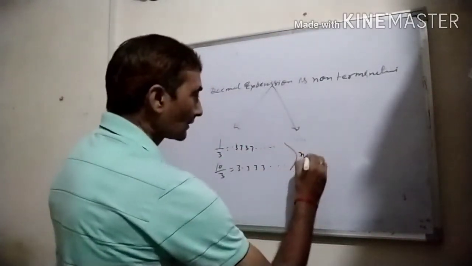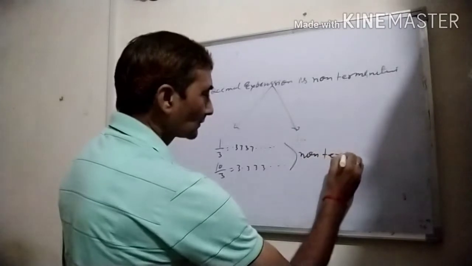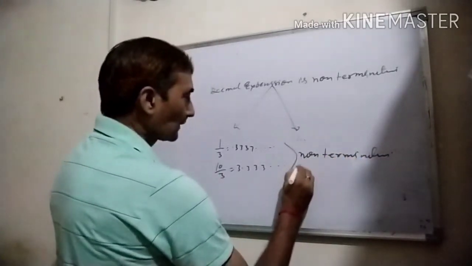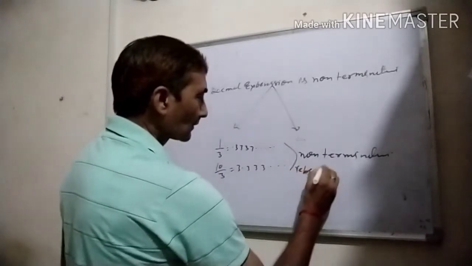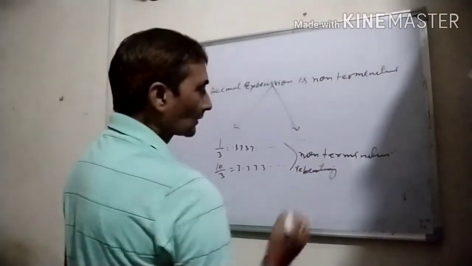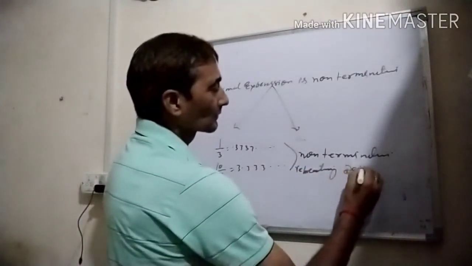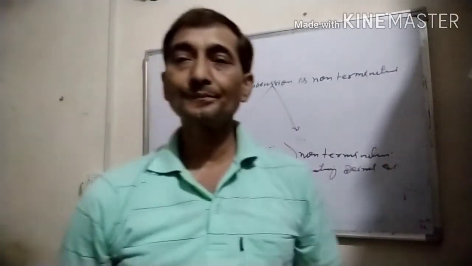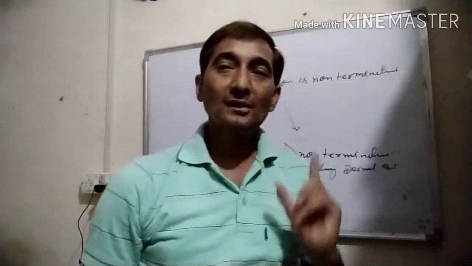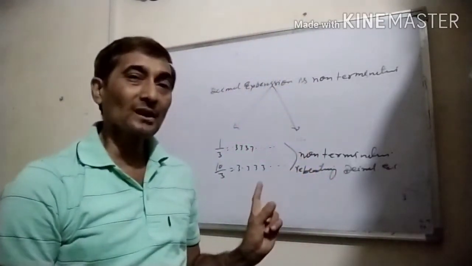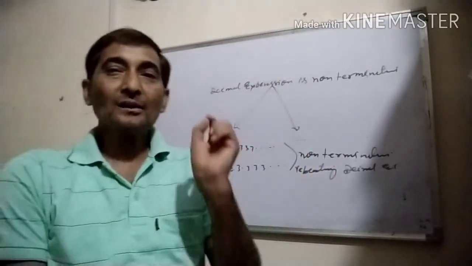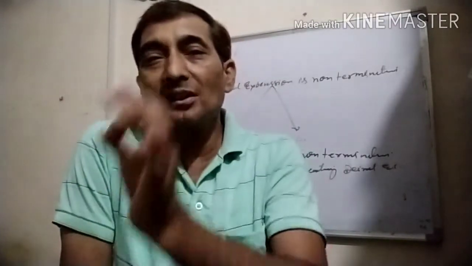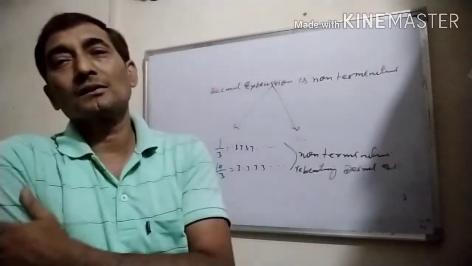This type of decimal expansion can be converted into a rational number.